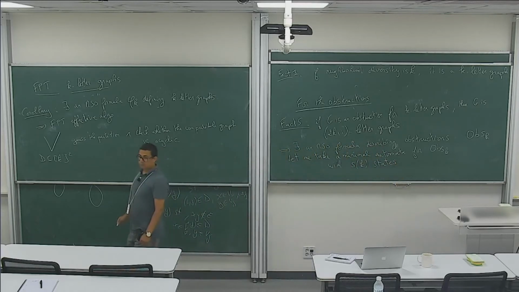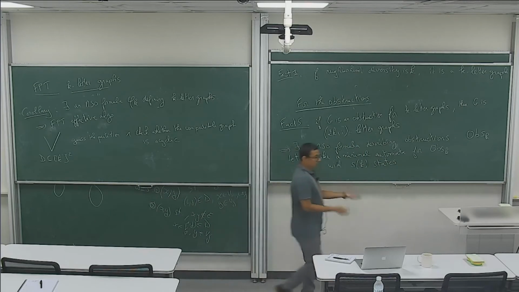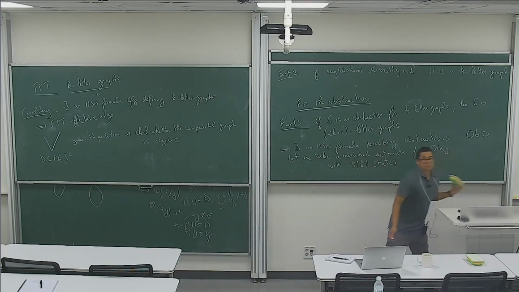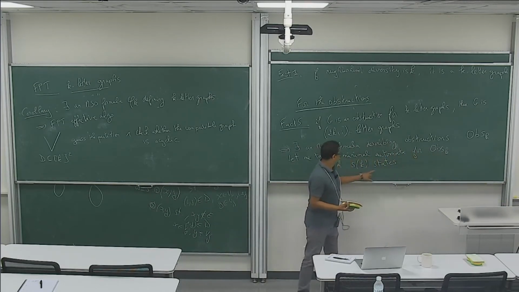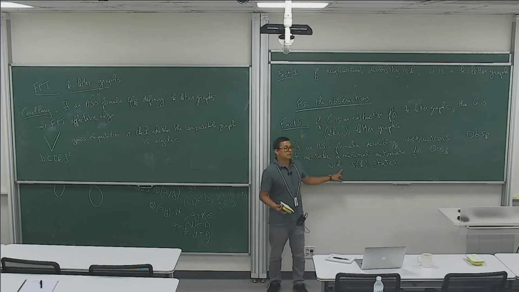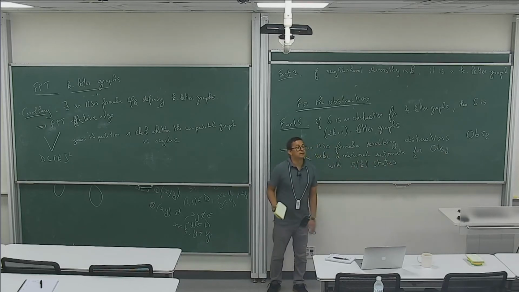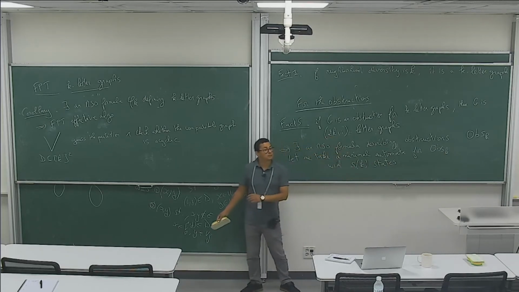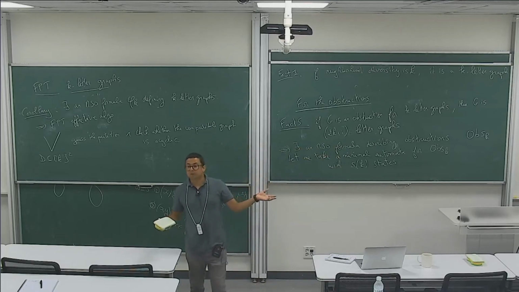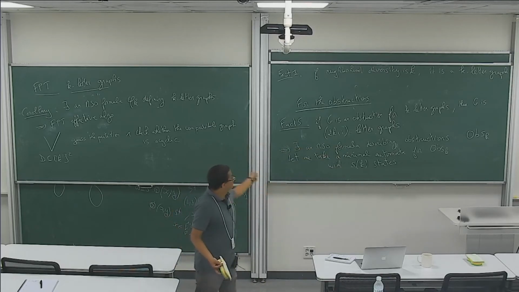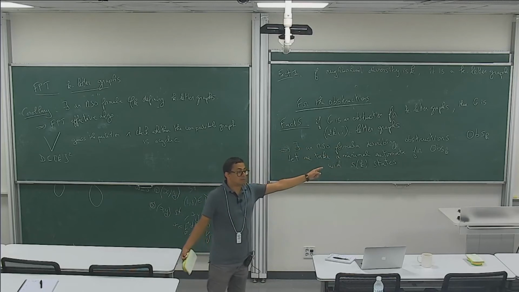Now assume that my minimal obstruction has size bigger than S of k. It's a 2k plus 1 letter graph. That means it has bounded linear clique-width, and then I can check this formula on the graph.